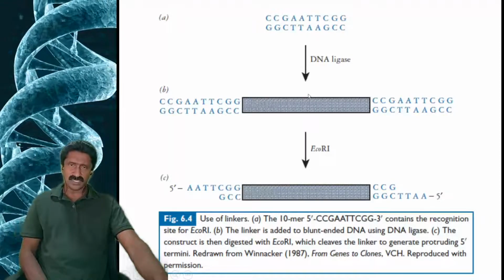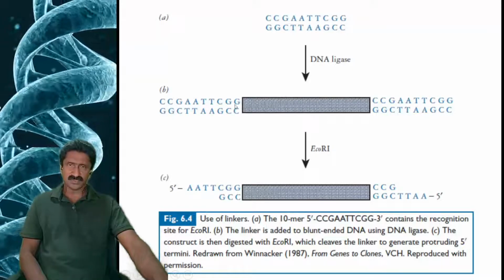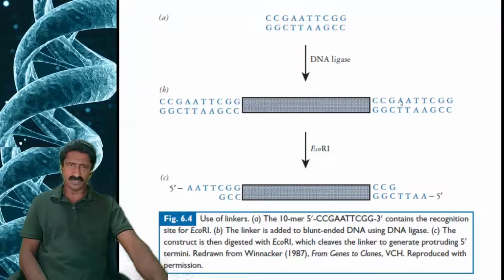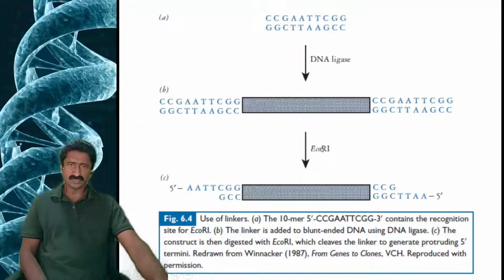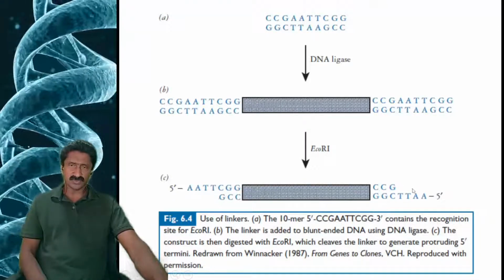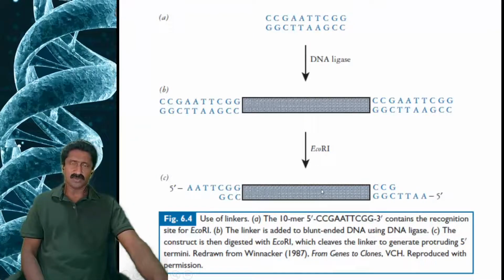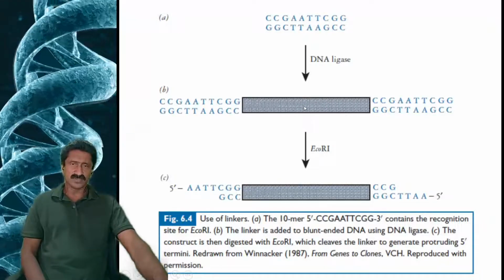You can see in DNA ligation, your DNA fragment is joined with the EcoRI linkers on both sides. The treatment with EcoRI will cleave the linker molecules on both sides, and now a sticky end of EcoRI is attached on both sides of the gene of interest.